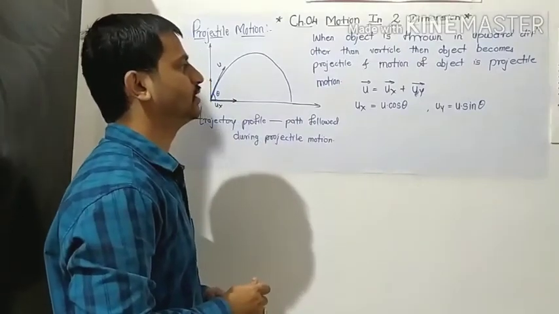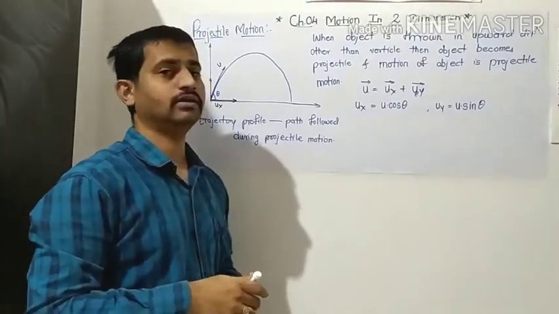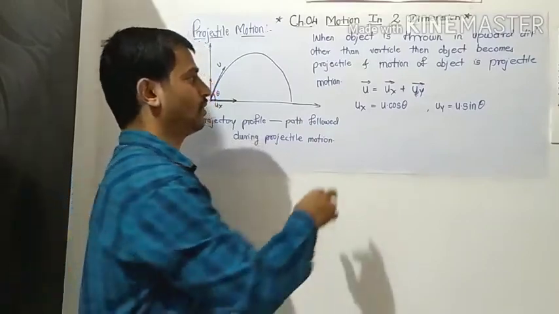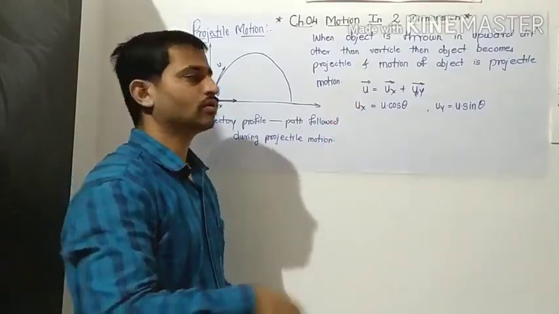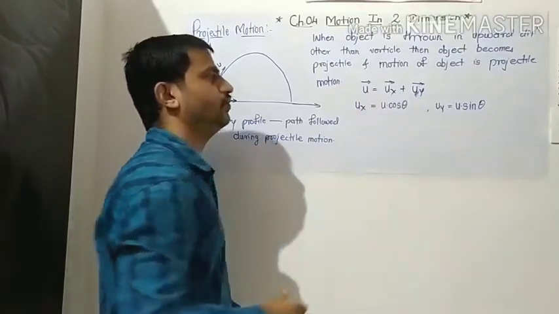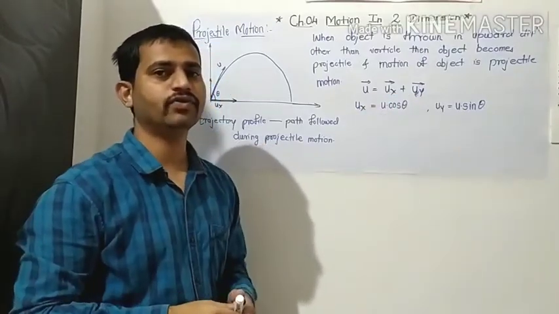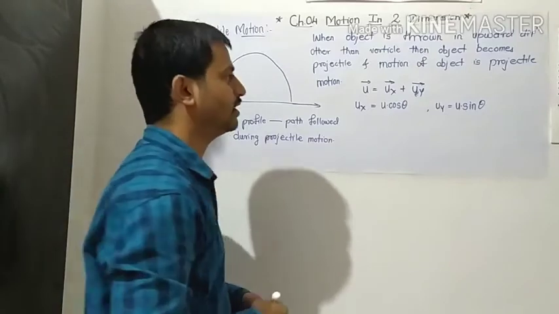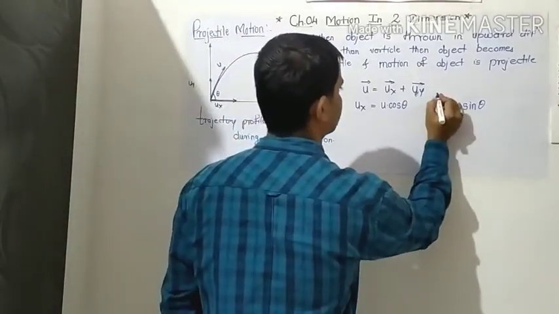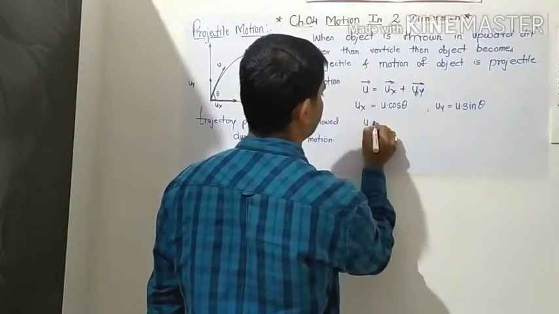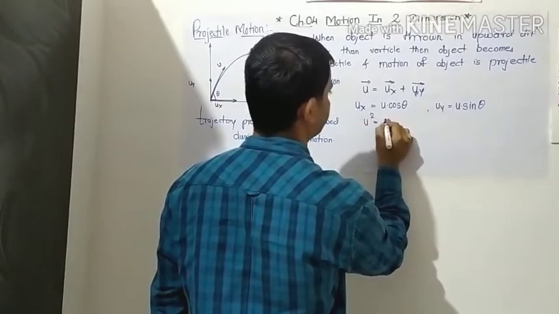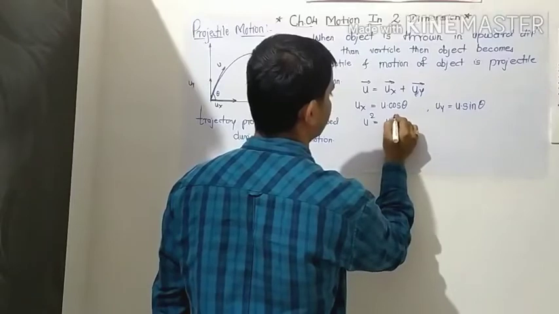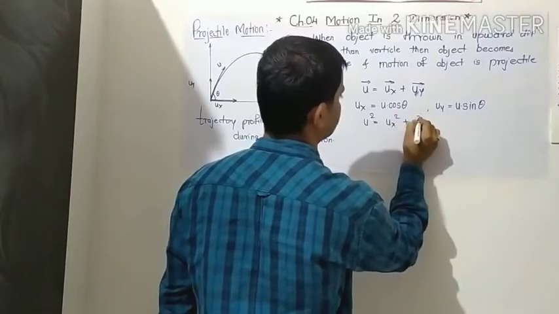So we can represent these two vectors by using their components ux and uy. And if we go for the magnitude, we can write u square is equal to ux square plus uy square.